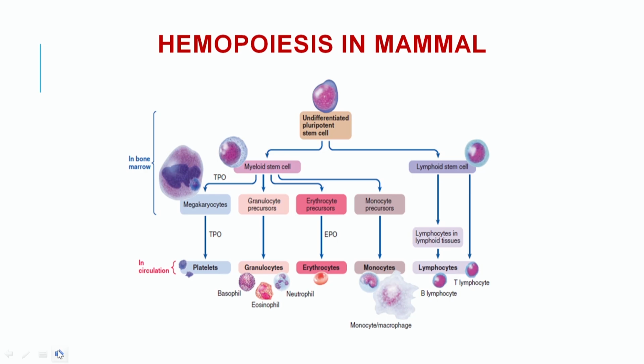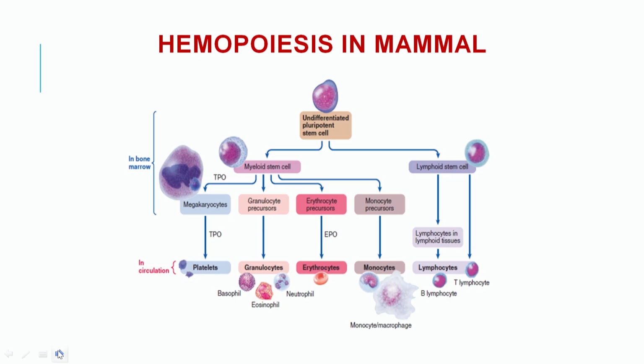Coming to hemopoiesis in the animal, all the blood cells, whether erythrocytes, WBC or RBC, or platelets, are formed from the undifferentiated pluripotent stem cells.